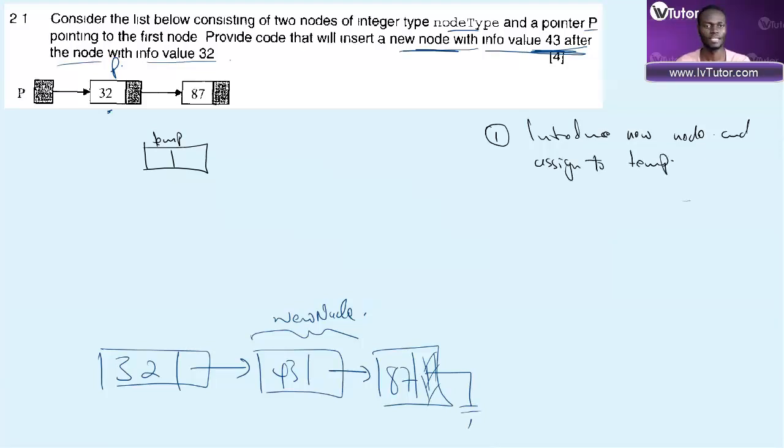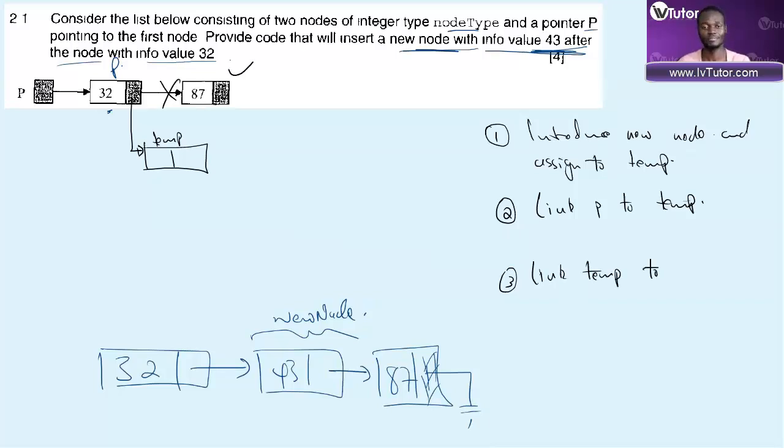Right? Now, the challenge here, I want to show you something that might break your logic. Let's say in your second step, you say link P to temp. That means you break this link and you link it to your temp. Now, the challenge with this is number 3, you would then want to link temp to this node here.